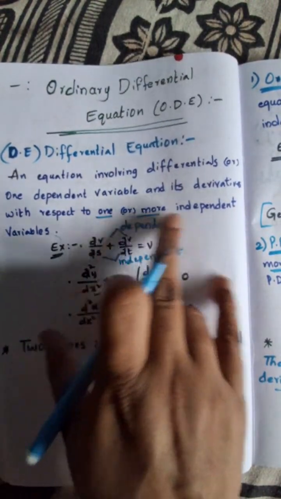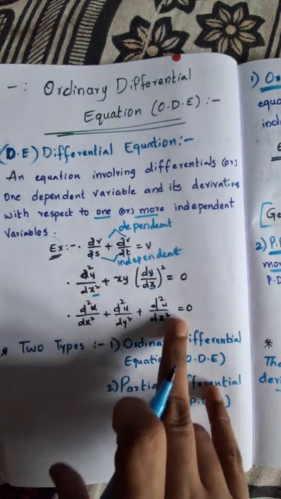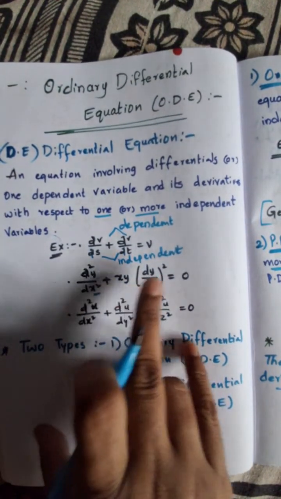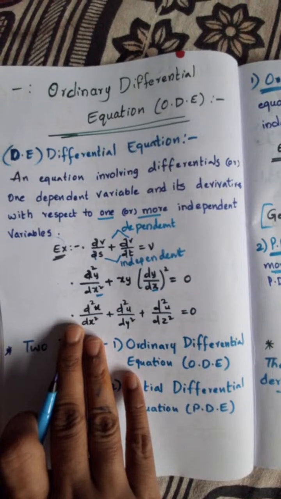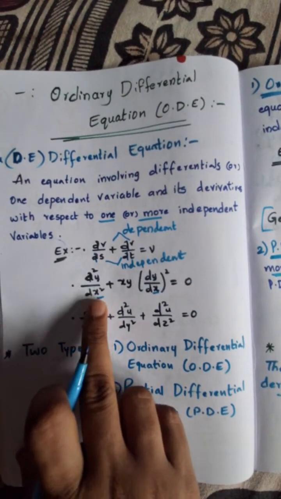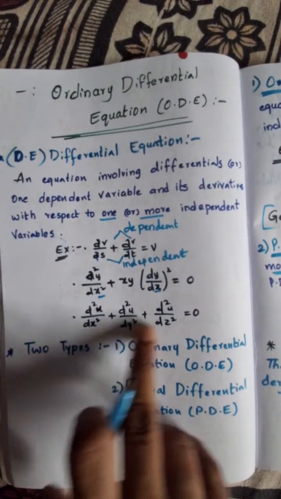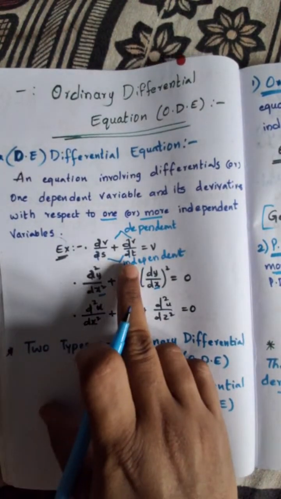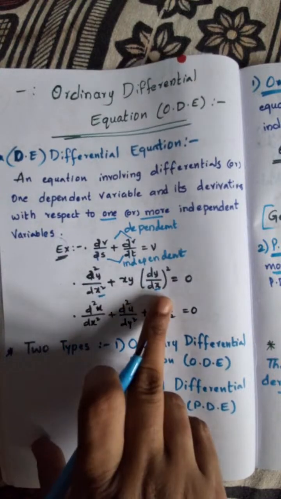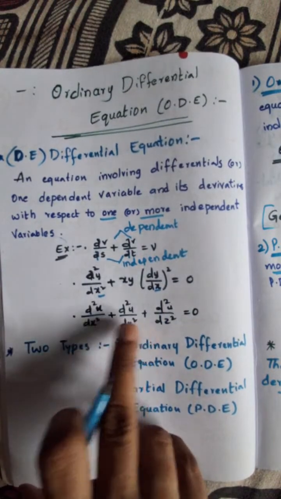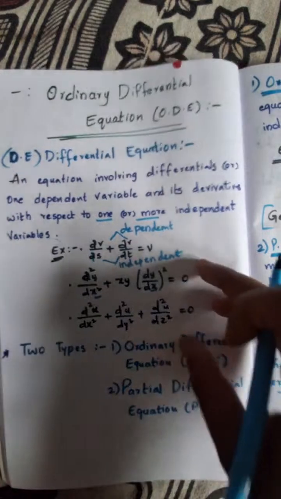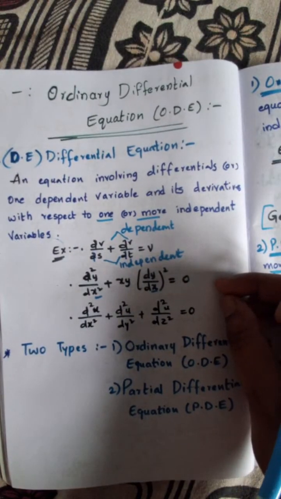We can have one independent variable, two, or three or more. Here two independent variables, here only one, and in this we have three independent variables. Like this we have to observe the differential equations.